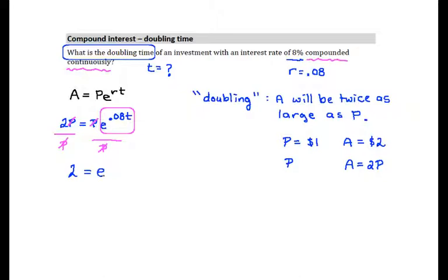So we get 2 equals e to the 0.08t. And this equation we're going to solve for t using the same methods we've been using. This time I'll take a natural log of both sides. Since my base is e, I don't have to match the base, but it does make things a little bit cleaner if I do. I don't have as many things to write.